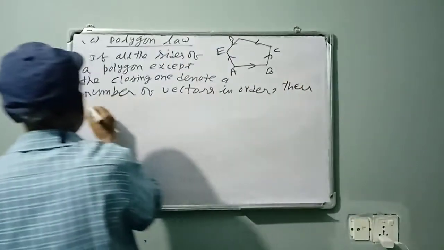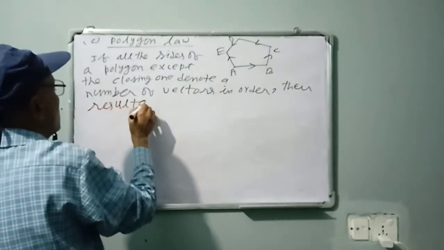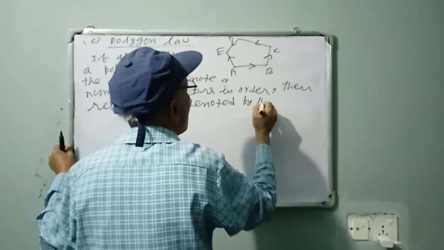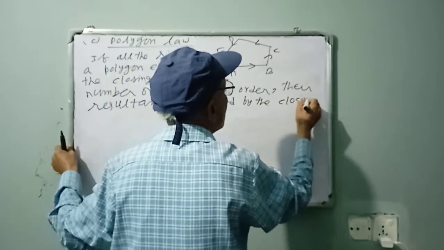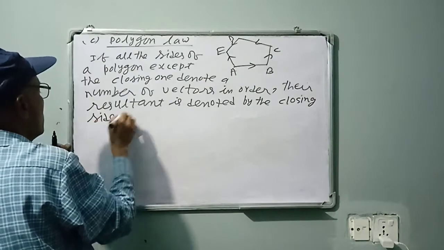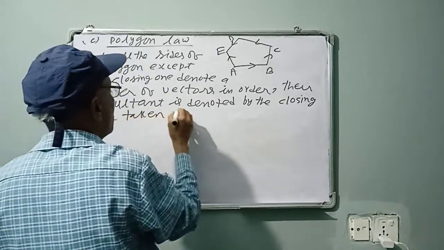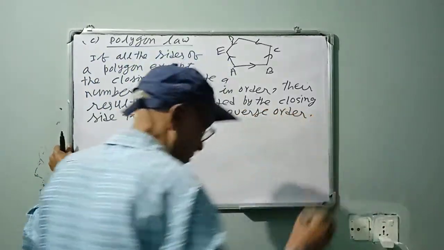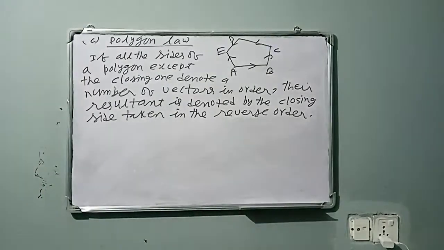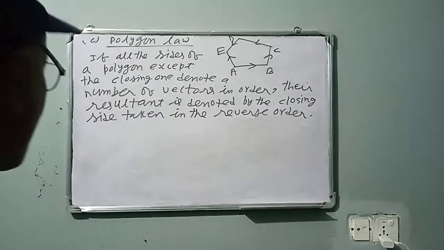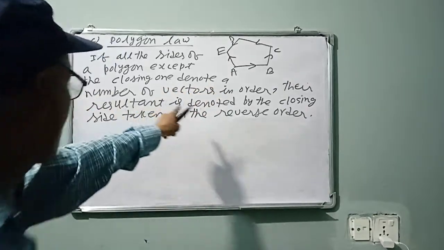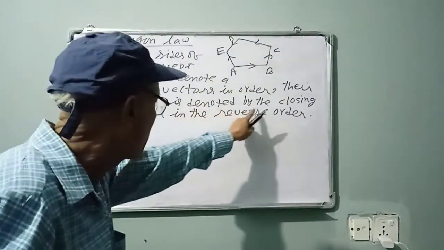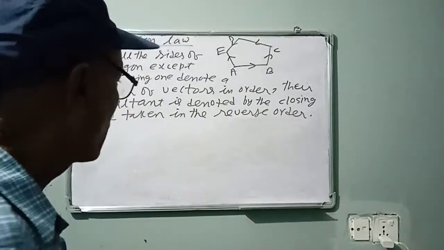Their resultant is denoted by the closing side taken in the reverse order. If all the sides of a polygon except the closing one denote a number of vectors in order, their resultant is denoted by the closing side taken in the reverse order.